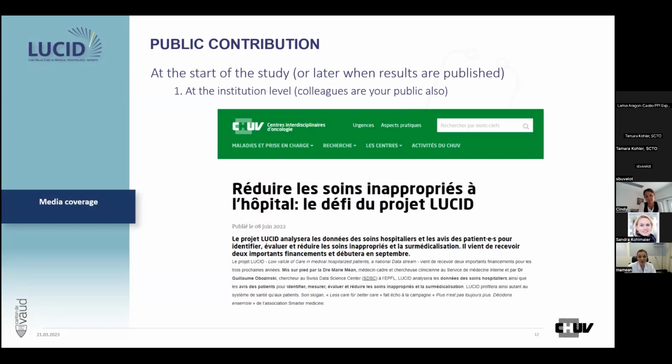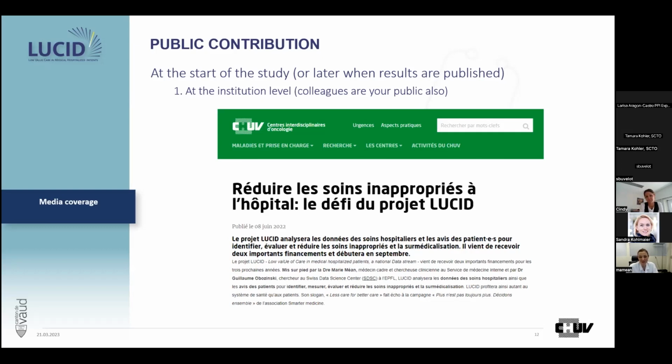I'm sure if your project gets financed, you will have some light on you, and you can take the opportunity of this light to foresee that you will also communicate. And this communication can be taken as part of the PPI concept. Well, in PPI there is public, and the public should also be informed about your project.